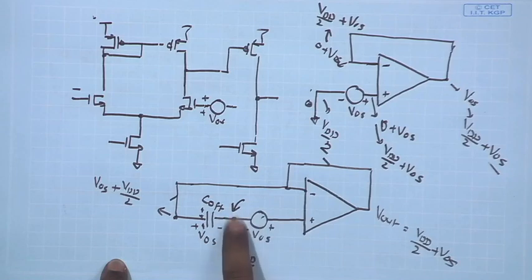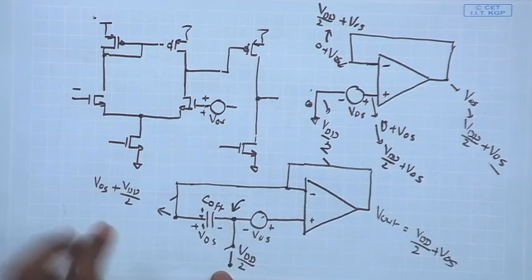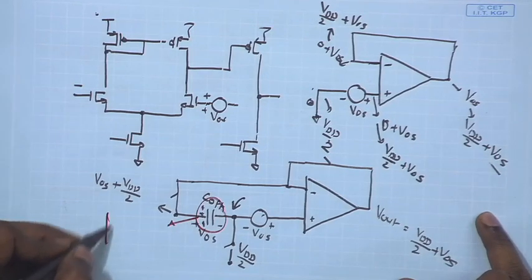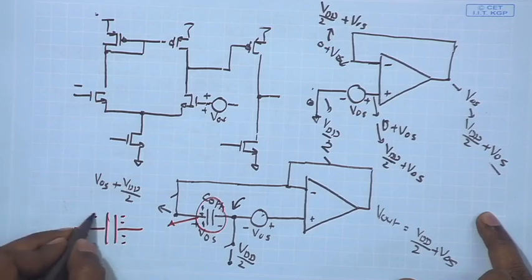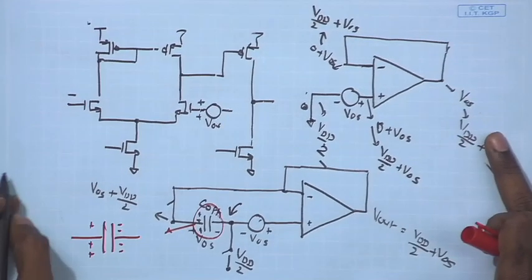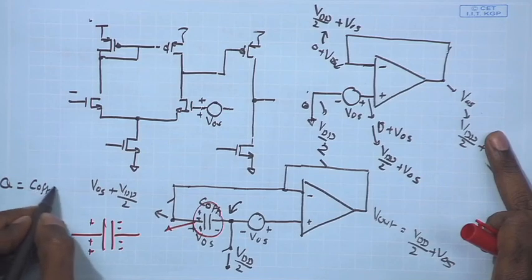is not having any path to leave, it will be stuck at this point, and the electric field, if I just zoom out this, you are having, suppose, negative charge stored over here, positive charge over here. So, that the total charge magnitude is going to be Q equal to C V, so C offset times the V offset.